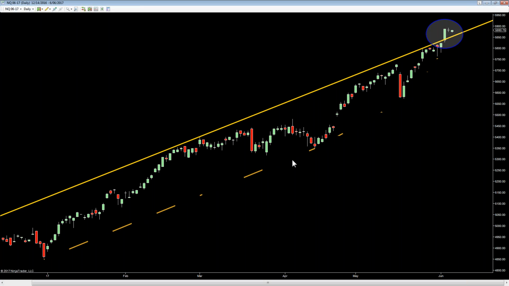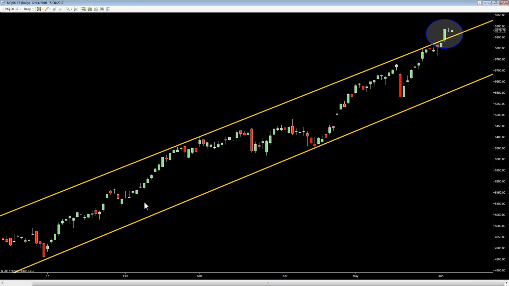Markets like channeling. Stable markets love to stay in a channel. So we had this tight little trading channel. Market goes toward the top end, eventually drifts, finds some support, goes up, finds some support, goes up. But now we are through that top end.